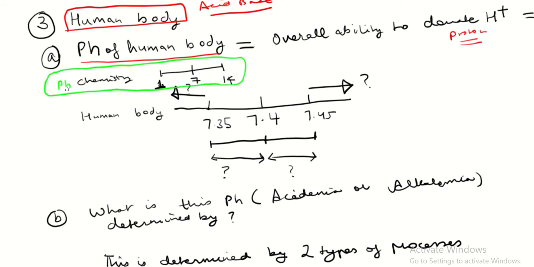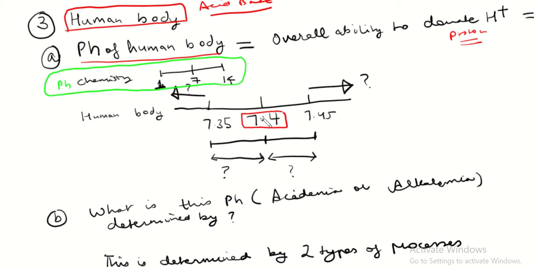Okay. Now, the human body is just slightly different. Not very different, just slightly different. Instead of 7, our middle number is actually 7.4. So in other words, 7.4 is what our body considers the center point of the thermostat.